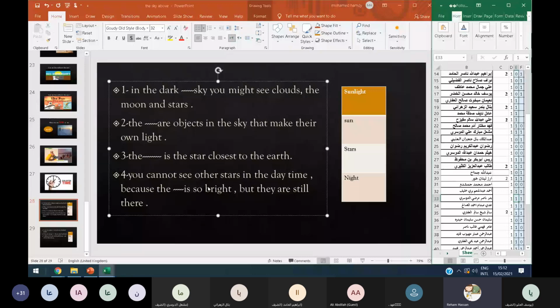Which is so bright, the sunlight or the stars, in the day? The sunlight. Yes, amazing. Because the sunlight is so bright. Thanks a lot, Yusuf.